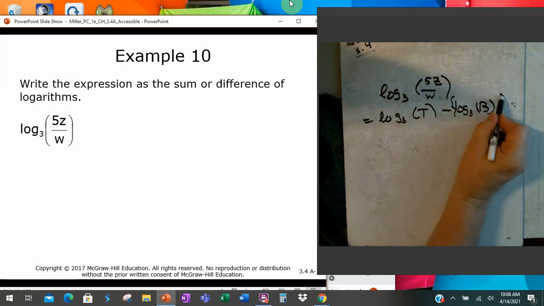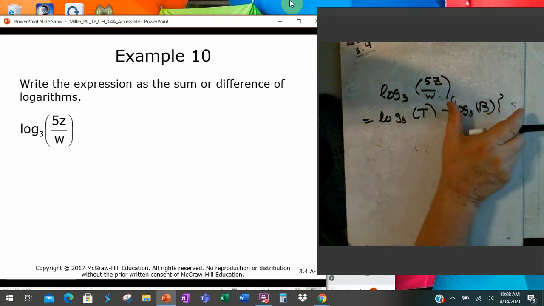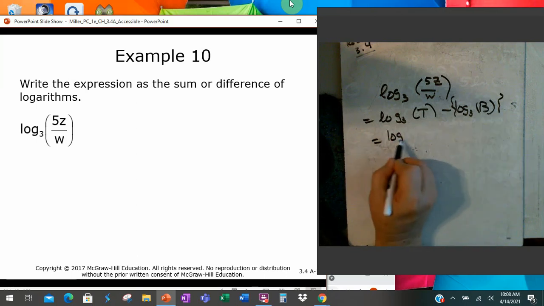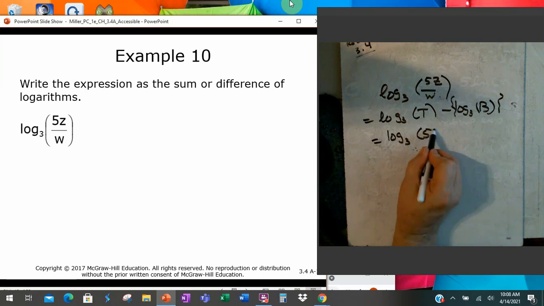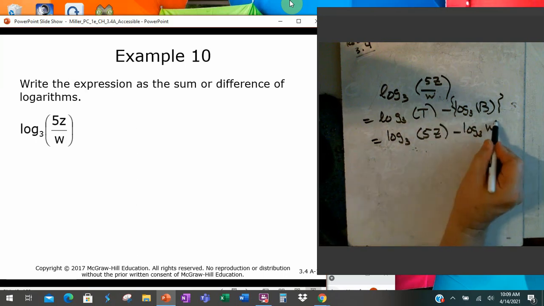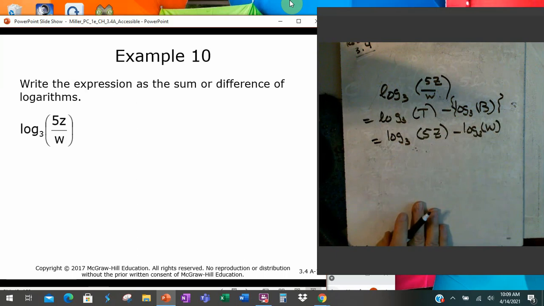I put this in parentheses because whatever this expands to, I'm going to have to subtract off everything from there. So this looks like log base 3 of 5z, minus log base 3 of w. There's only one thing in the bottom, so I'm just going to write this as the w.